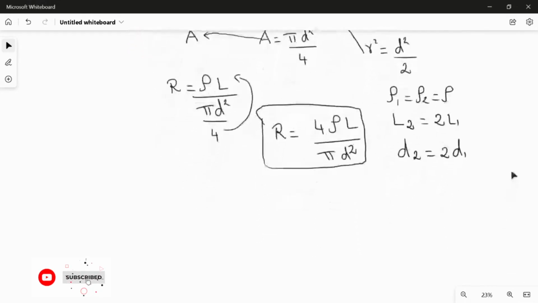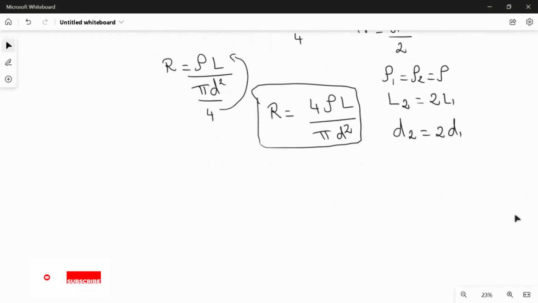Now I am going to write this formula for both wires.